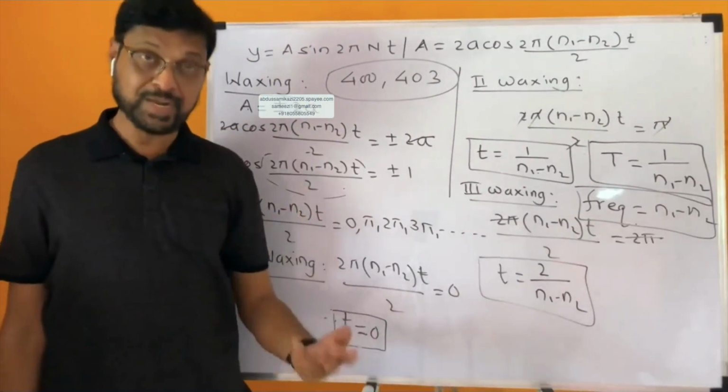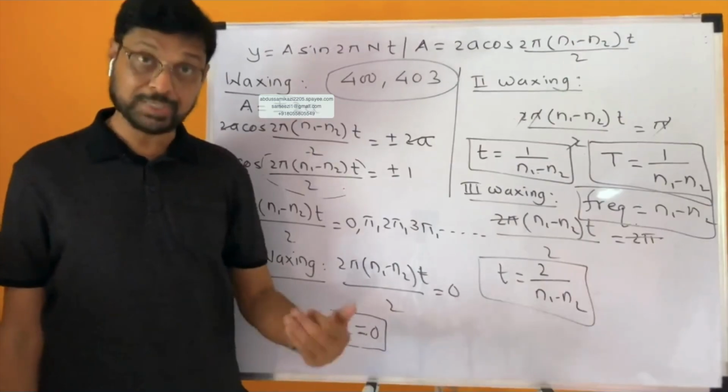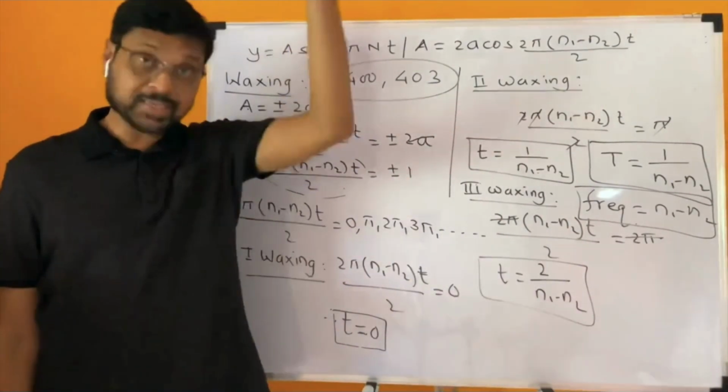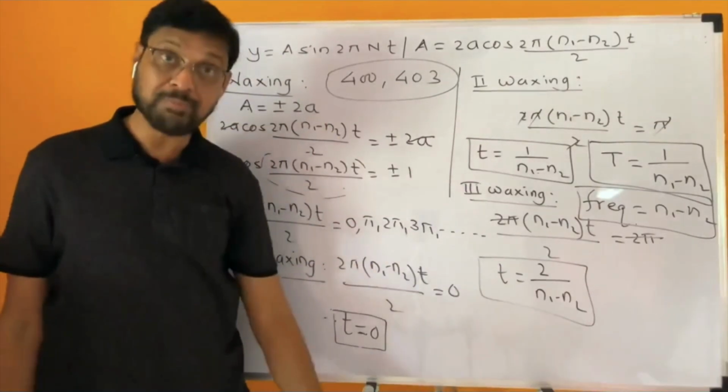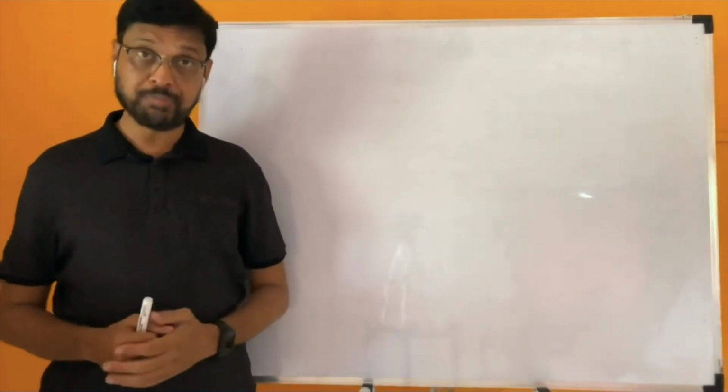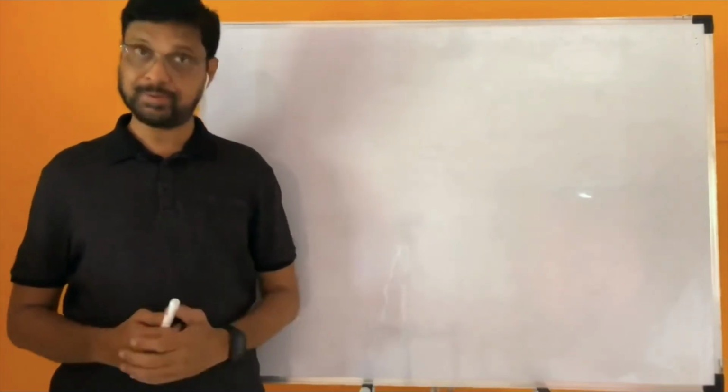The beat frequency is 3. Means the sound will become maximum 3 times and minimum 3 times. So we found frequency of beats using waxing.